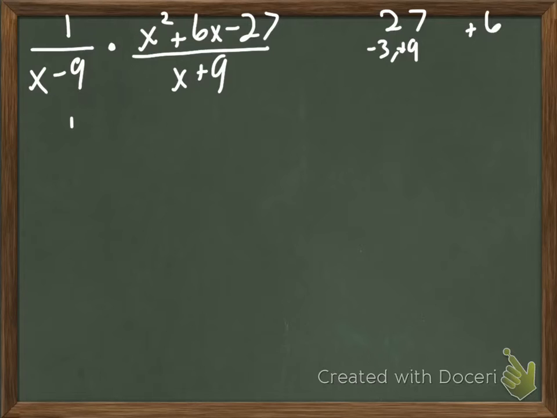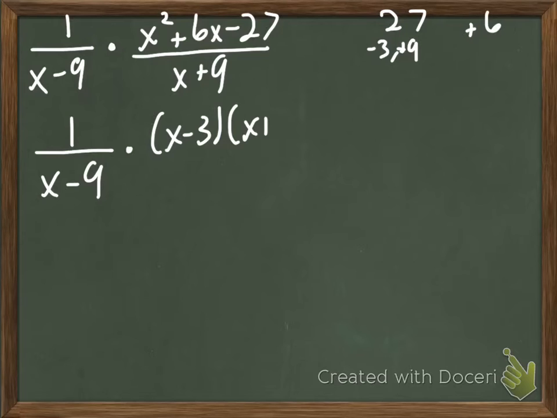So we rewrite 1 over x minus 9 times x minus 3 times x plus 9 over x plus 9. So I took that x squared plus 6x minus 27, changed it into x minus 3 times x plus 9 by factoring. And it looks like our x plus 9s will reduce.